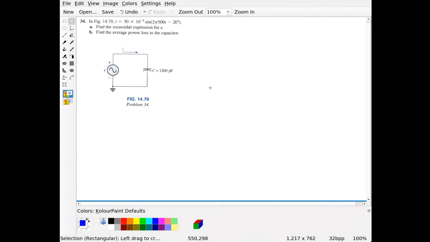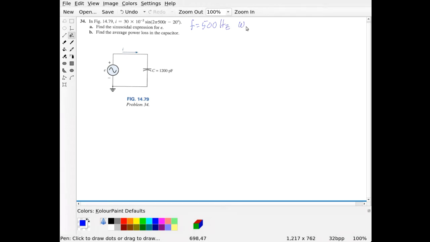They give us a 1200 picofarad capacitor, and they give us the frequency up here. So our frequency F is 500 hertz.